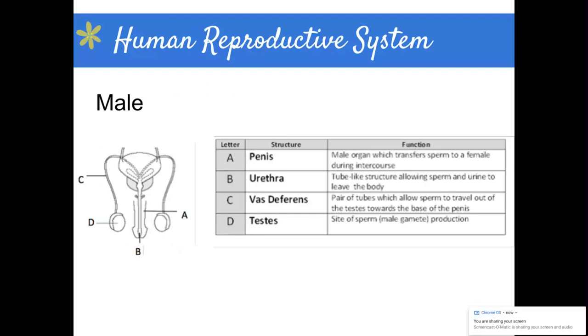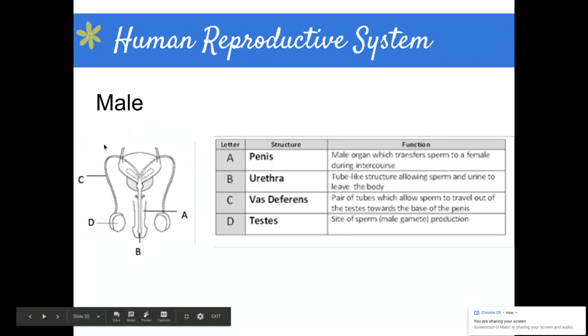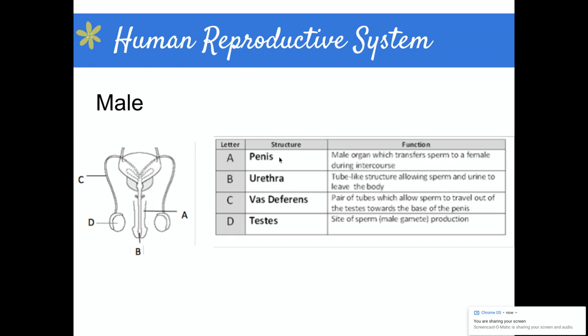We're going to take a minute to talk about human reproductive systems specifically. Later on, we'll be talking about how other animals and plants also use sexual reproduction. This diagram shows the male reproductive organs. A shows the penis. This is the male organ which transfers sperm, the male gamete, to a female during sexual intercourse.